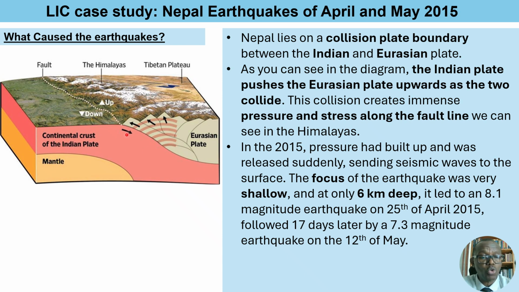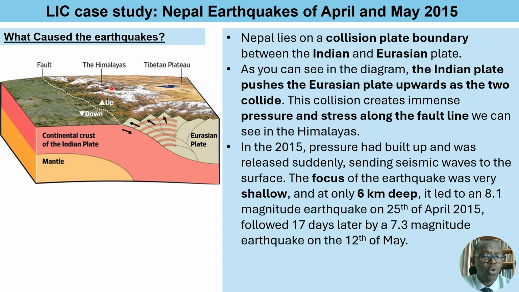And we know that when we have two continental plates pushing towards each other, you have the formation of fold mountains. And that is what has caused the Himalayas to form here. Because the pushing keeps on going, the Himalayas are getting higher and higher over time.